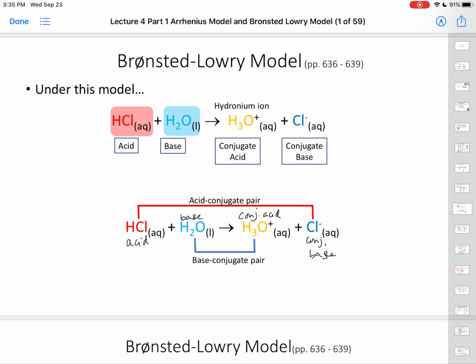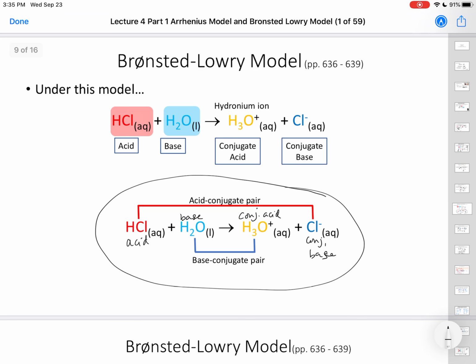So on the homework, you will be asked to do problems like this, where you have to label the acid, the base, the conjugate acid, and the conjugate base. Remember, the acid forms the conjugate base, and the base forms the conjugate acid. If you remember this slide, it will help you a lot in terms of how to label these correctly.